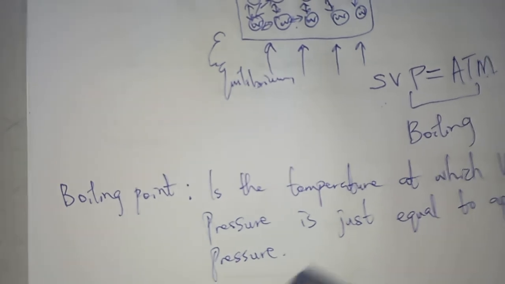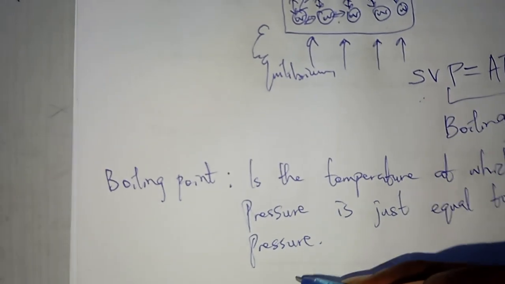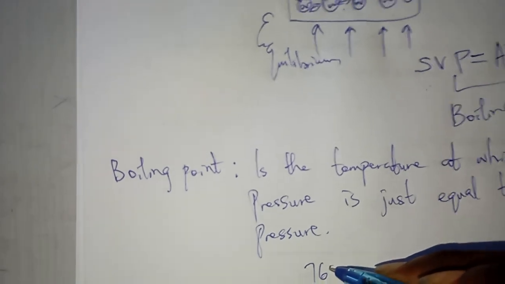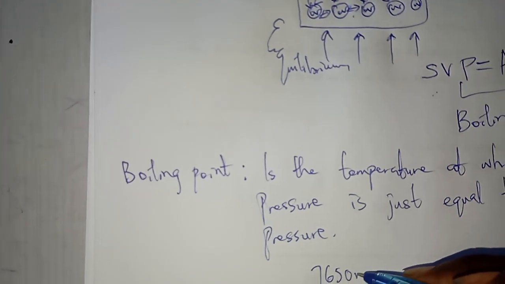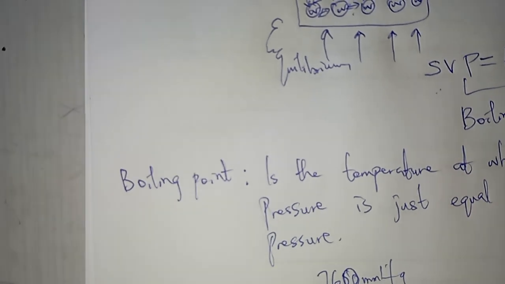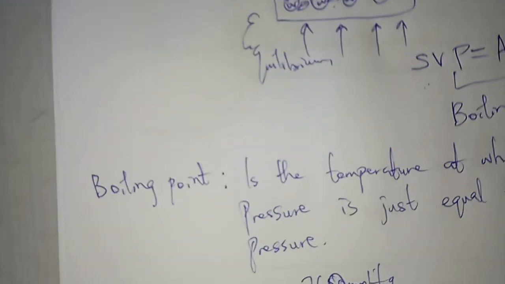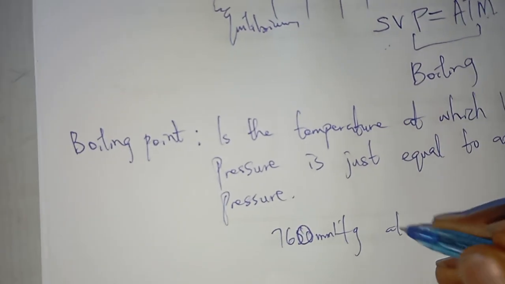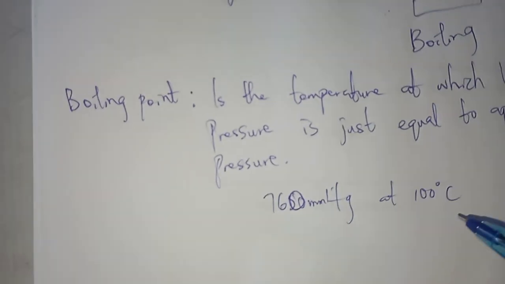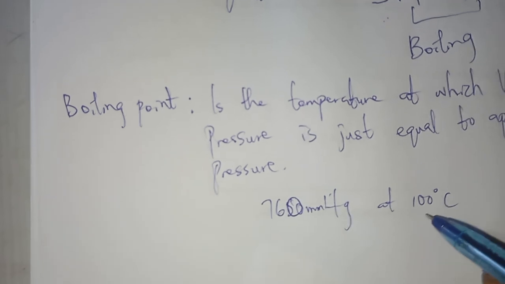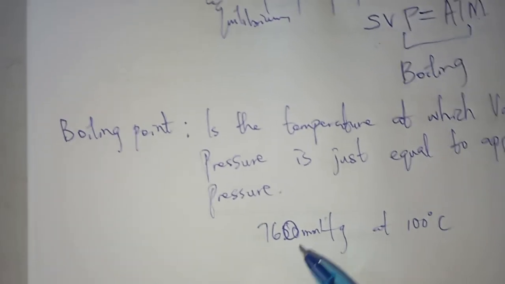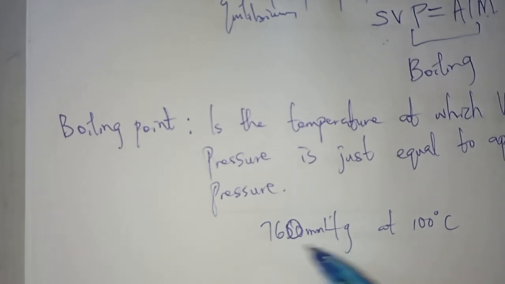That is why at normal level, water has a vapor pressure of 760 millimeter mercury, and this vapor pressure happens at 100 degrees C. So when the temperature gets to that point where it becomes 100 degrees C, we can say that it attains 760 millimeter mercury as its vapor pressure.